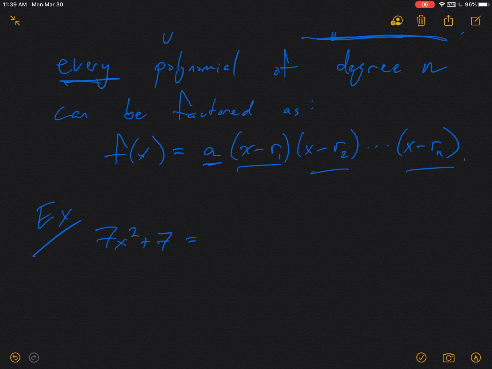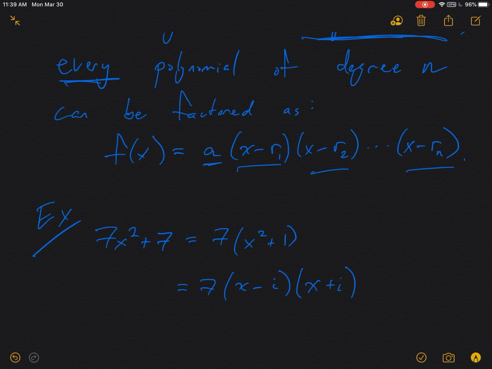All that this theorem is saying is that every polynomial can be fully factored if you're willing to write in some complex numbers. So here, if I were to factor out a 7, which is the lead coefficient, what I'd be left with is an x squared plus 1. Now, x squared plus 1 is supposed to factor as x minus its first root times x minus its second root. We know that the roots of this expression are plus or minus i.